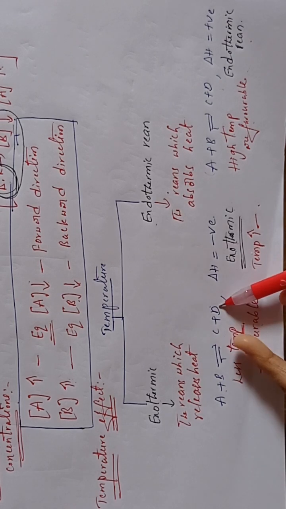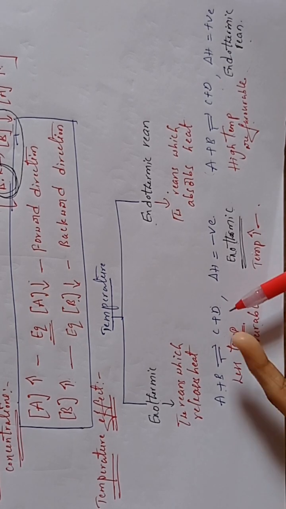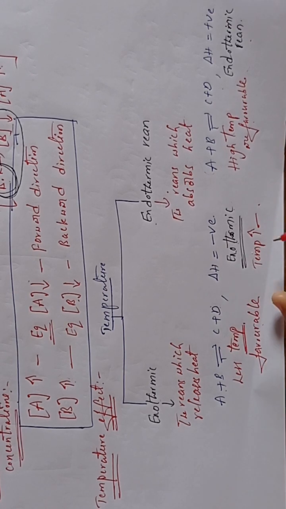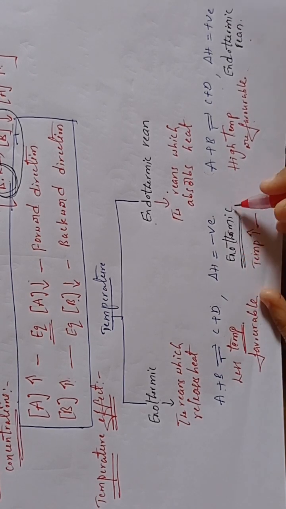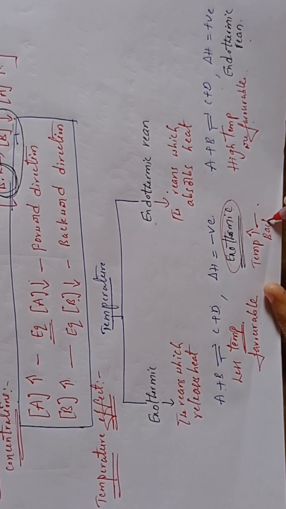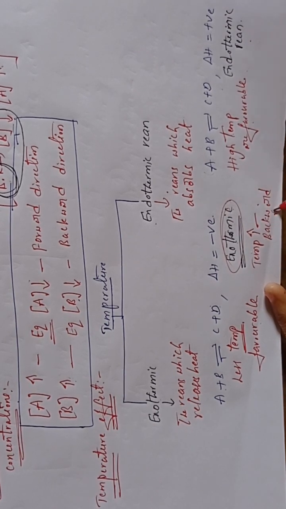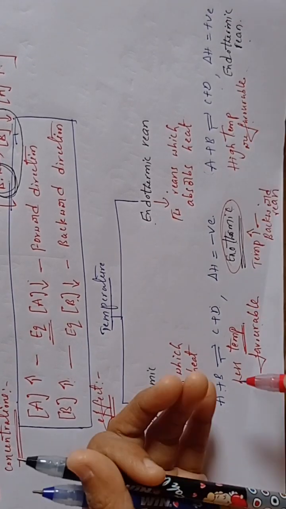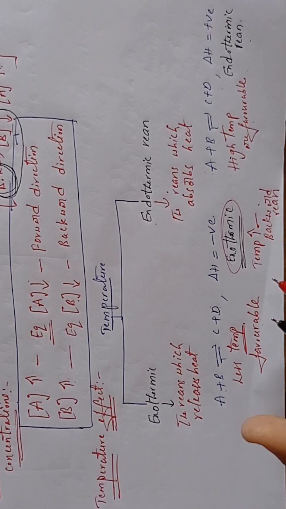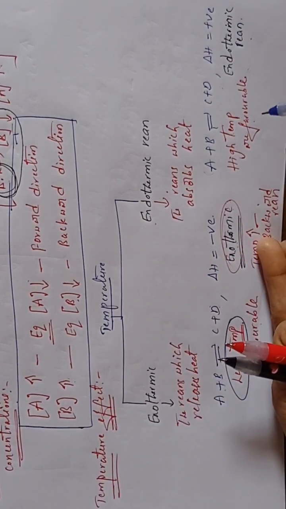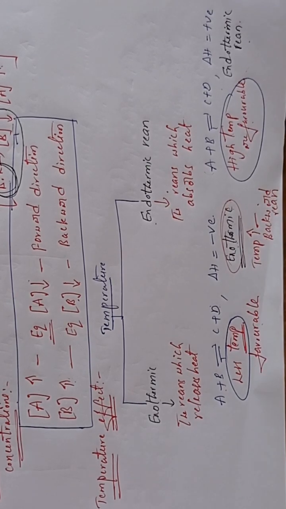So we won't get a good amount of product. So if the temperature increases in an exothermic reaction, the backward reaction takes place. Clear, students? So which temperatures are favorable? Low temperatures are favorable in the case of exothermic, and in the case of endothermic, high temperatures are favorable.